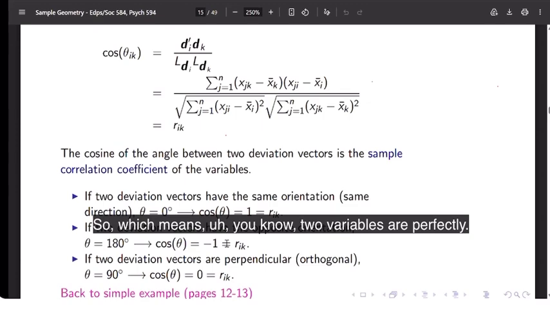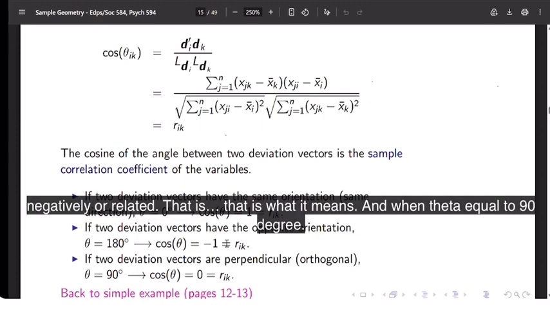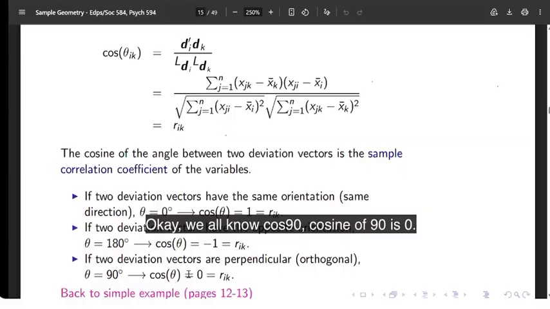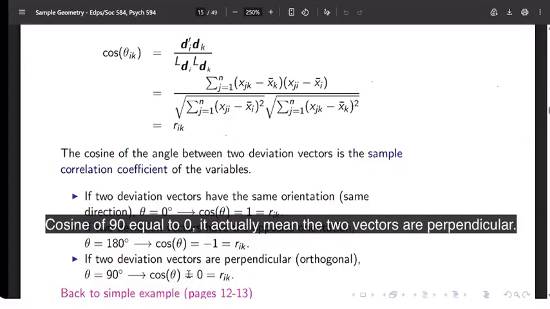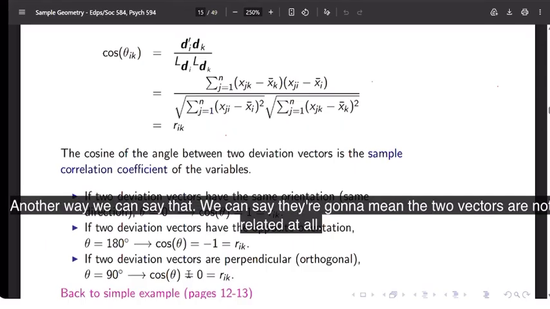And when theta equals 90 degrees, we all know the cosine of 90 is zero. It means the two vectors are perpendicular. Another way to say that is they are orthogonal. Orthogonality means the two vectors are not related at all.